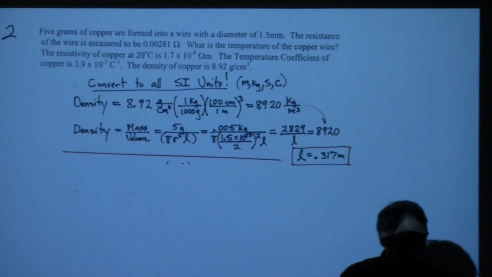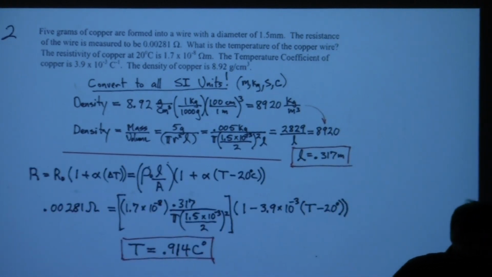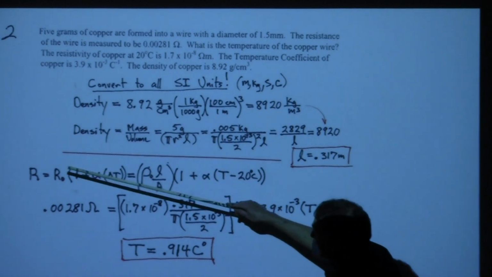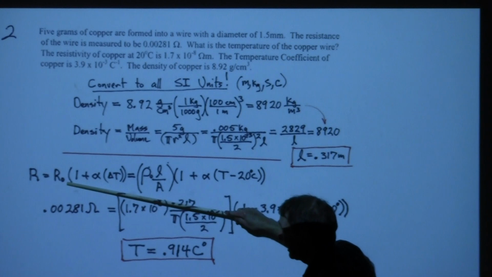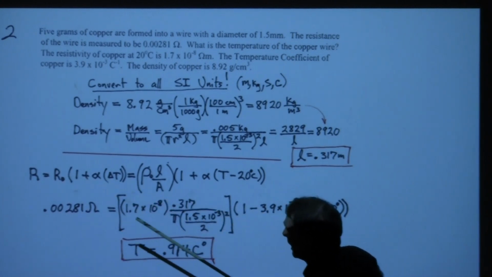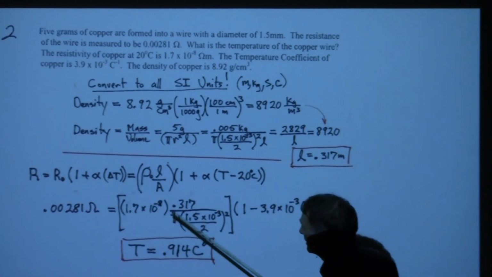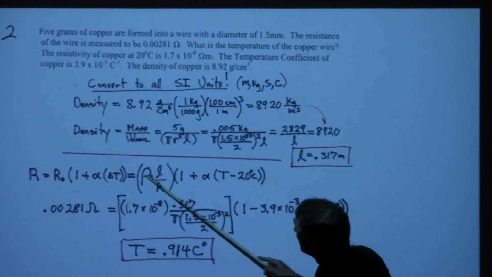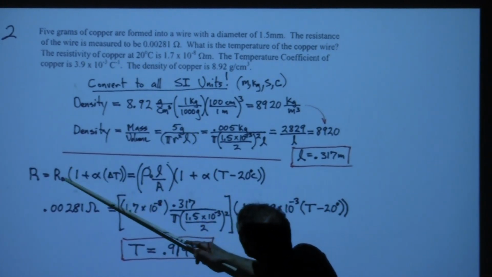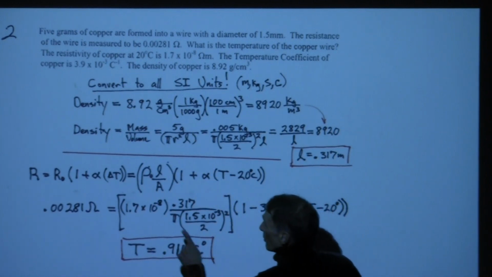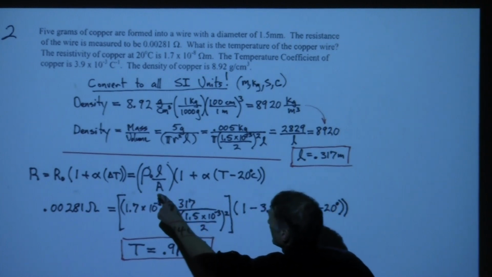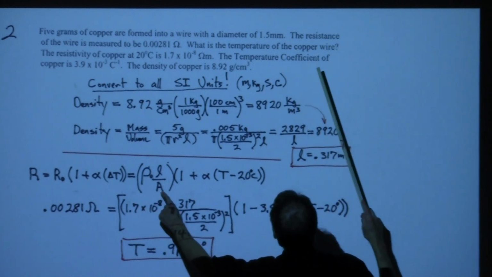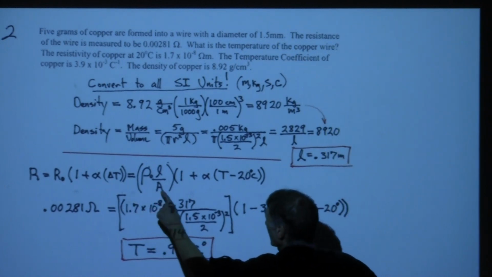Now, from that, I can go on to start to answer the question. If I want to get this resistance, this is going to be the resistance after it's warmed, not at 20 degrees, it's going to be this alpha delta T. He gives you the resistivity, not the resistance, so we're going to express that in terms of rho L over A. We have the cross-sectional area, or we can easily get that, pi r squared, and he gives you the diameter of it.